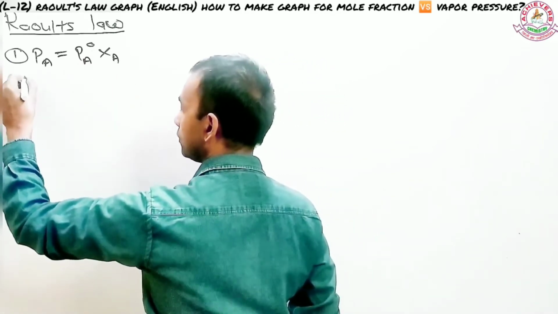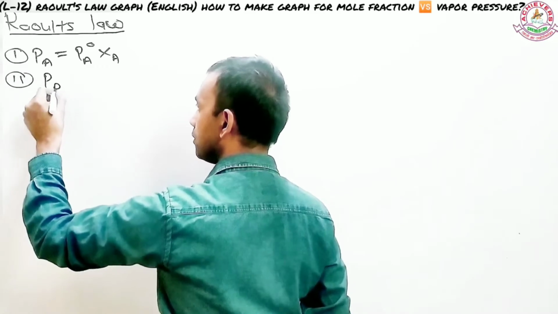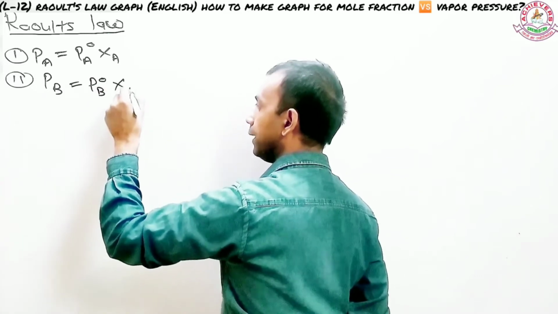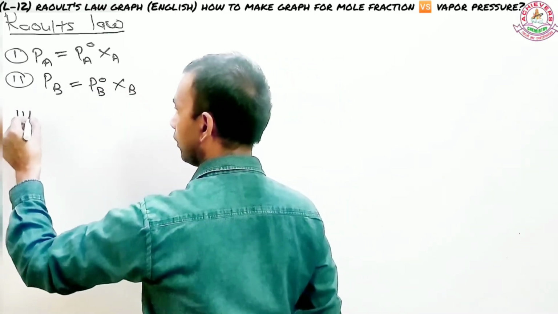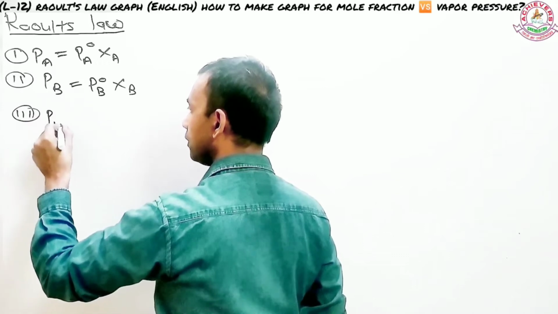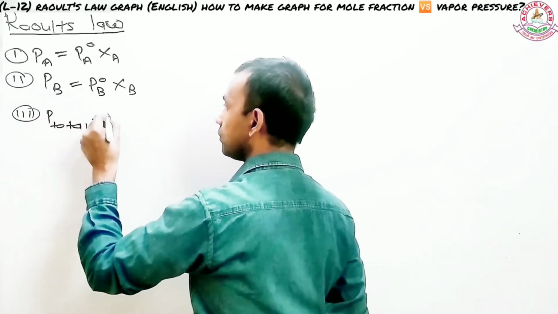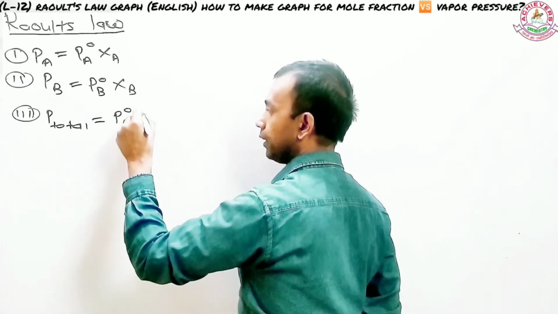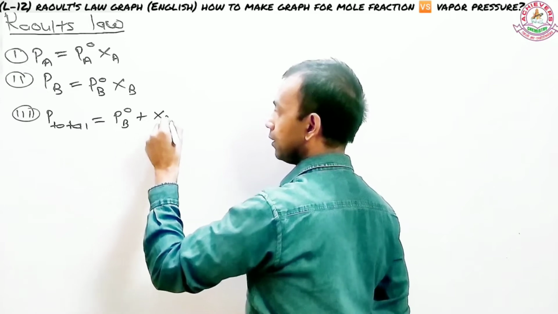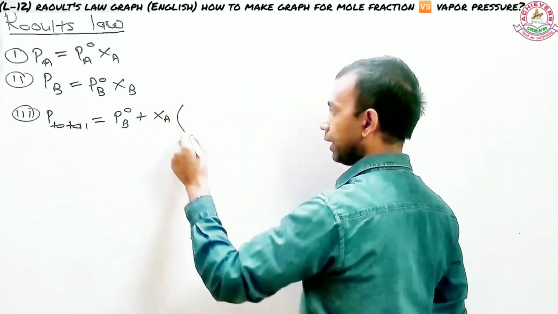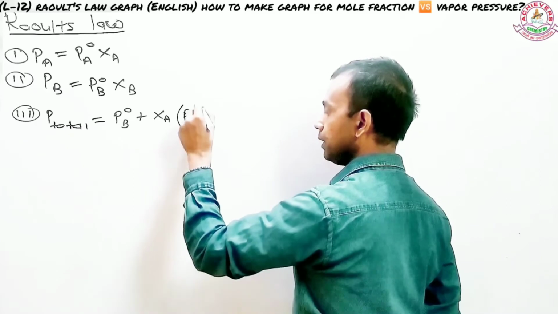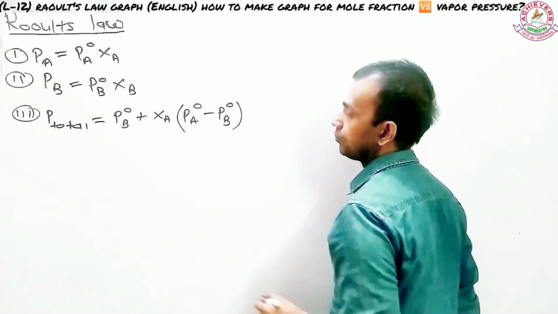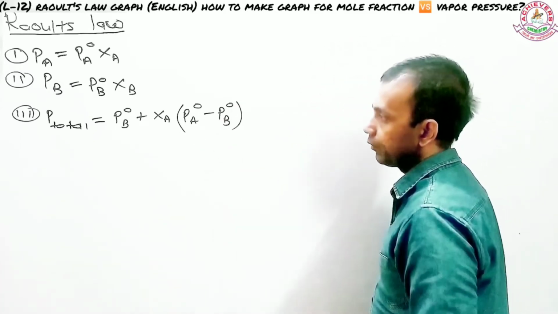The second was PB is equal to PB naught into XB, and the third equation was P total is equal to PB naught plus XA, which is the mole fraction of solvent, multiplied by PA naught minus PB naught, right? So this is the third equation.